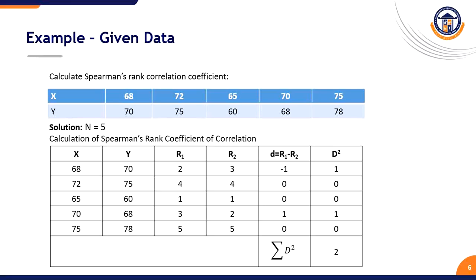Next, we calculate Spearman's rank correlation coefficient from the following table. How to construct the table? The first two columns represent the given data, X series and Y series. Hereafter we allot the ranks of X and the ranks of Y in the following way. We arrange the X series and Y series in ascending or descending order, then allot the ranks in either way. Here we arrange the X series and Y series in ascending order, and we allot rank 1 onwards.